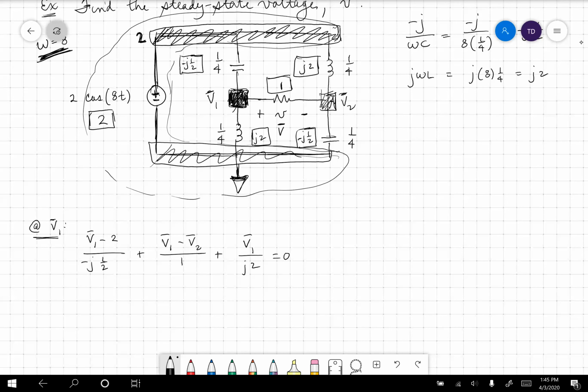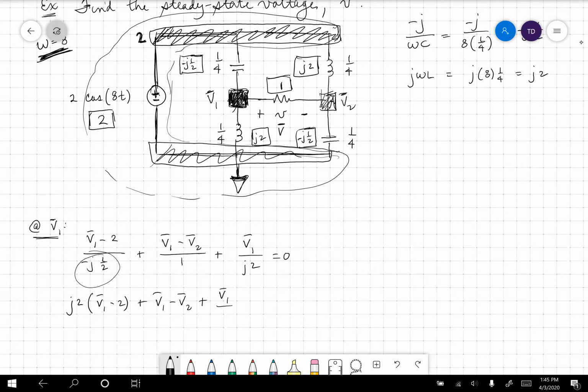Let's clean that up. Look at this right here. This is the same as the following. I'll rewrite this equation. It's the same as J2 times V1 minus 2, because the 1/2 flips, giving me a 2 in the numerator, and 1 over minus J is positive J. Plus V1 minus V2. And then here I'm left with plus V1 over J2.